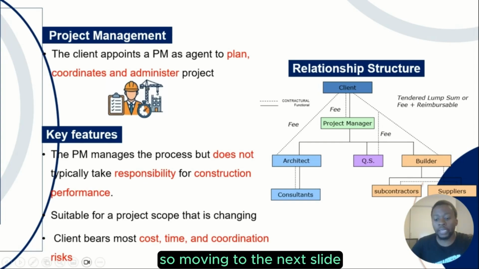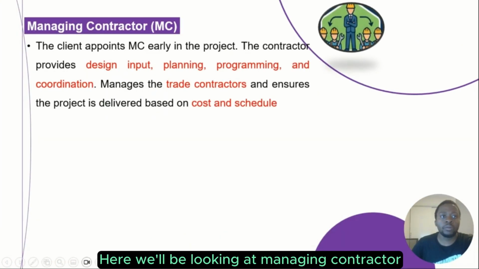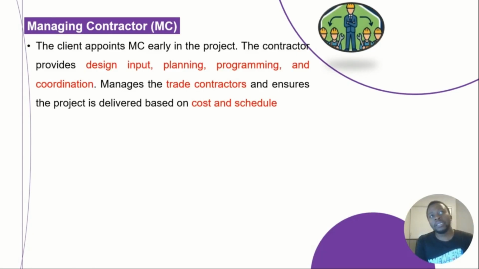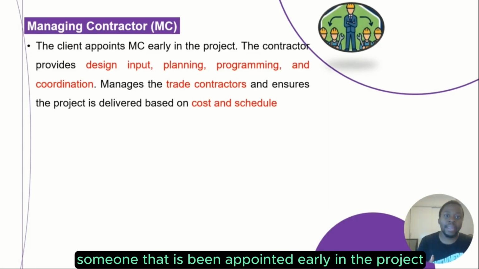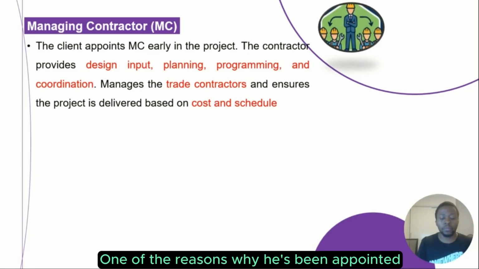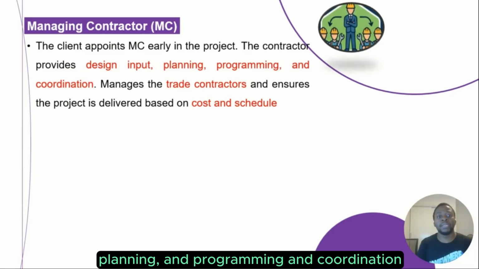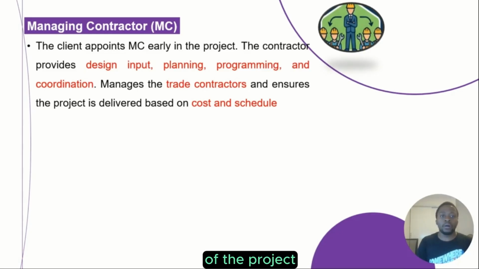So moving to the next slide, here we'll be looking at the managing contractor. The managing contractor is someone that is appointed early in the project. One of the reasons why he's appointed is to bring about design, planning, programming, and coordination of the project.